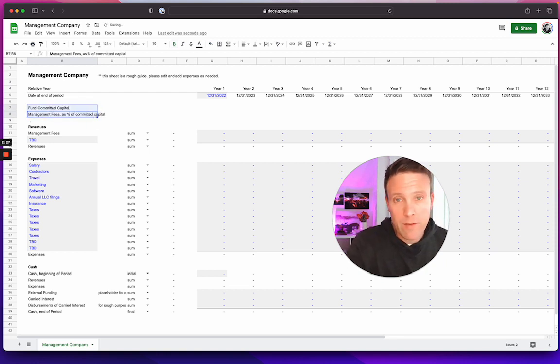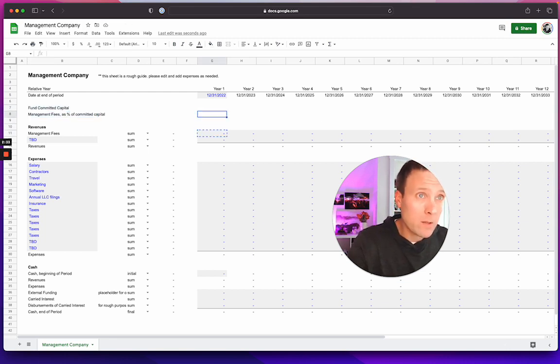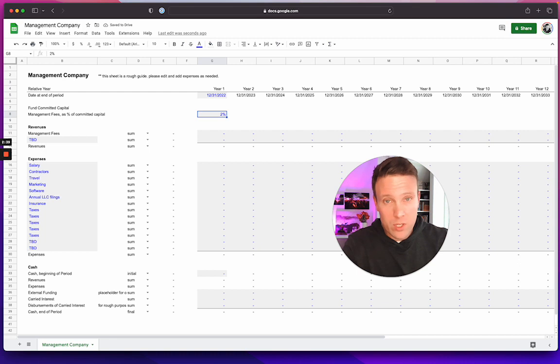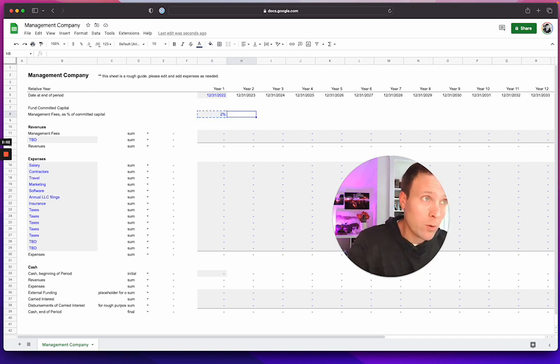Sometimes you can charge it off of called capital or assets under management. So there are other ways to do that. If you do that, you have to have a little more detail in how you're thinking about the operations and the proceeds and distribution to model the actual amount of invested capital as part of the fund. So it needs a little more fidelity to your forecast to be able to do that. But if you're basing off committed capital, it's usually pretty straightforward.